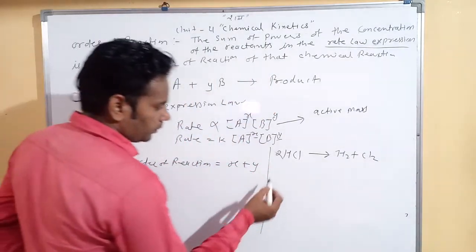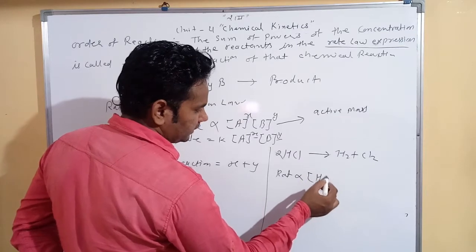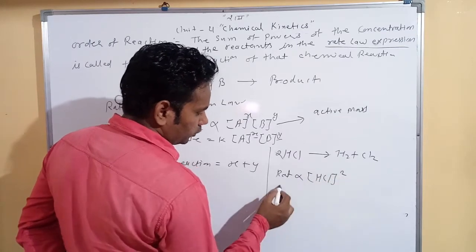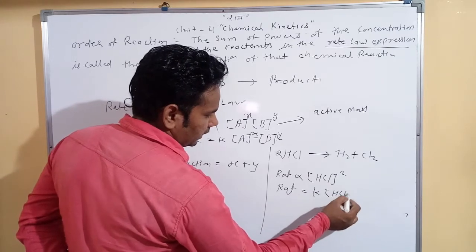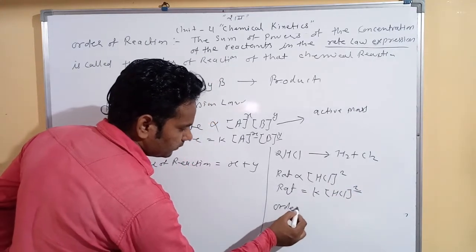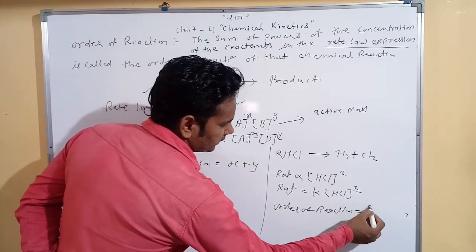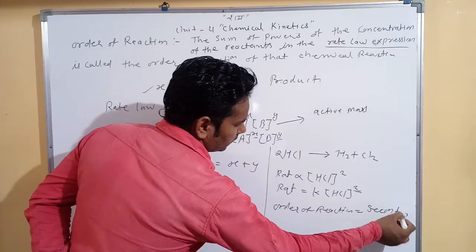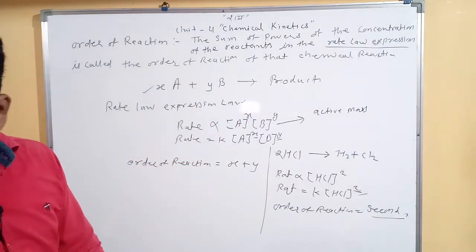So the rate expression: rate is directly proportional to HCl to the power 2. So rate is equal to K[HCl]^2. Here the only power is 2. So the order of reaction is second. Clear? Because 2 is mentioned here. So the order of reaction is 2.